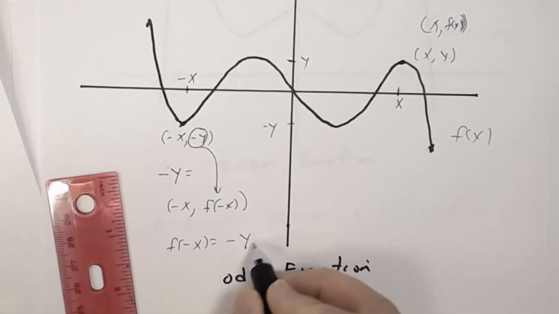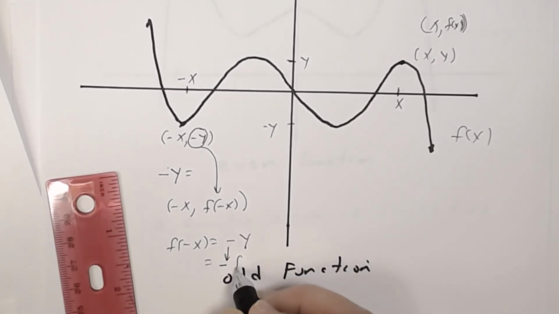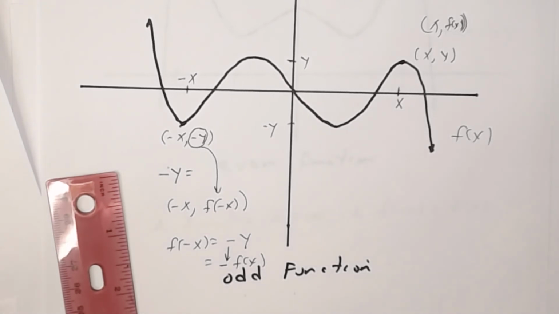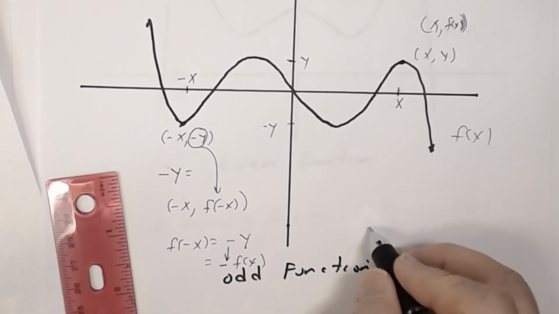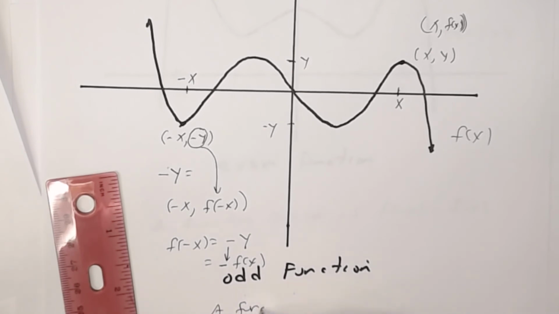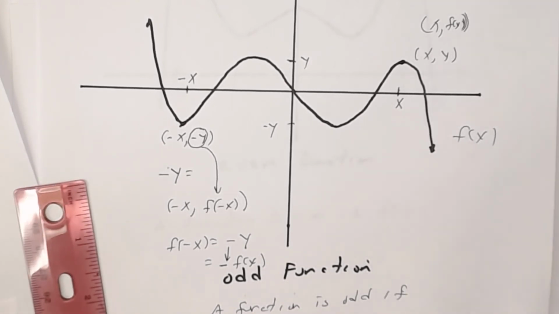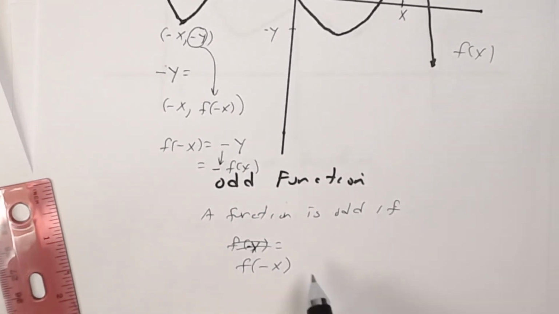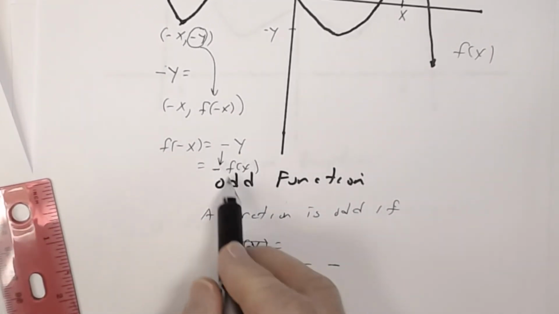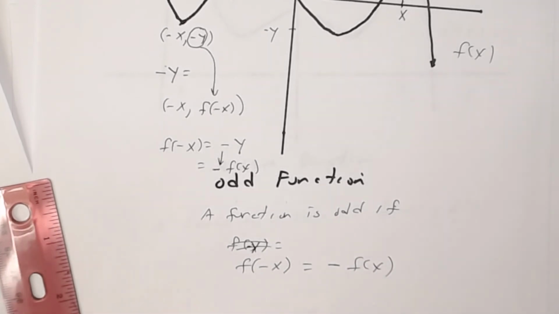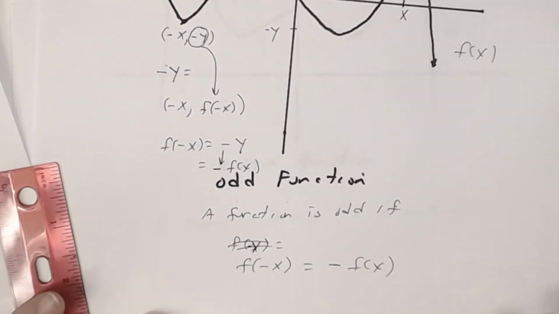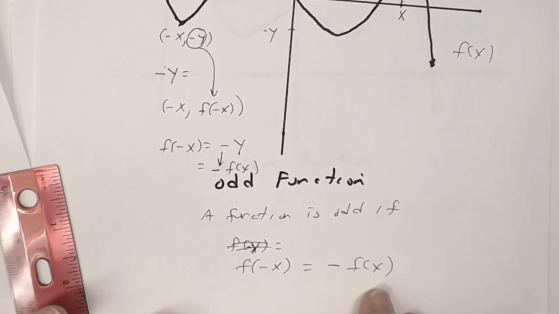So this right here becomes, watch this, negative f of x. So what we're saying is this now. We're saying that a function is odd if f of negative x equals the opposite of f of x. Okay, so that's what that means.